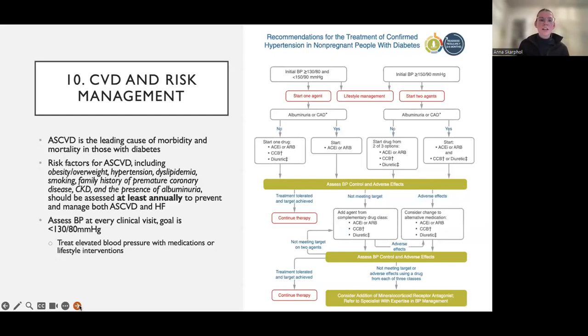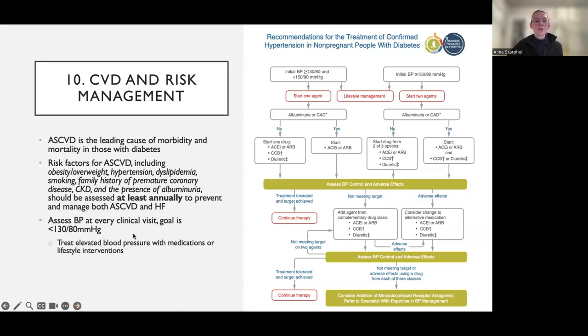And so, there's a lot of risk factors for ASCVD: obesity, hypertension, dyslipidemia, smoking, CKD. Those are all things that we can manage with medications, which is really great. And they should all be assessed annually to prevent and manage both ASCVD and heart failure.